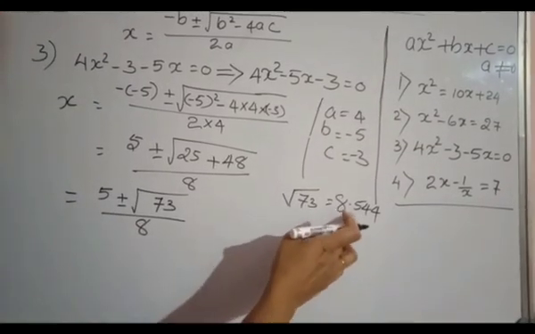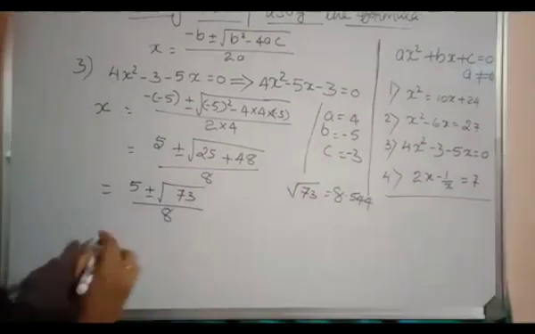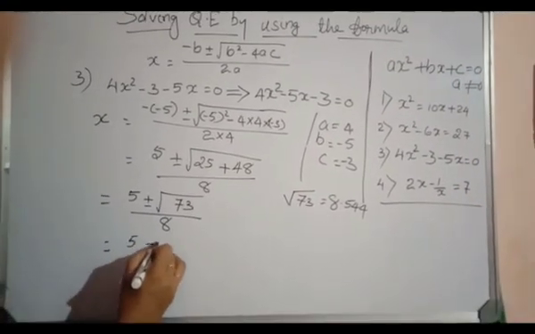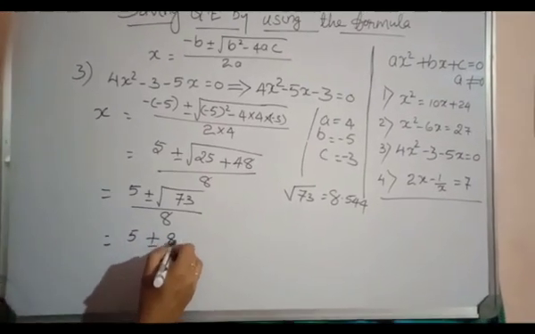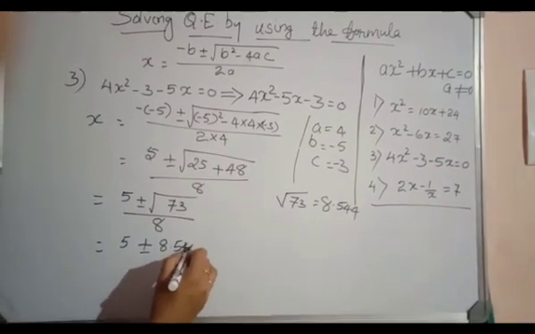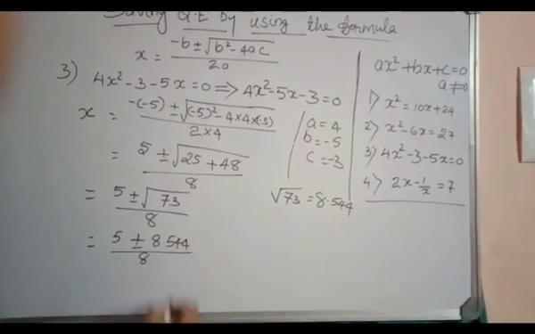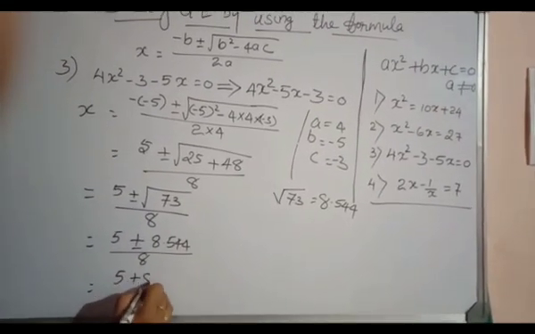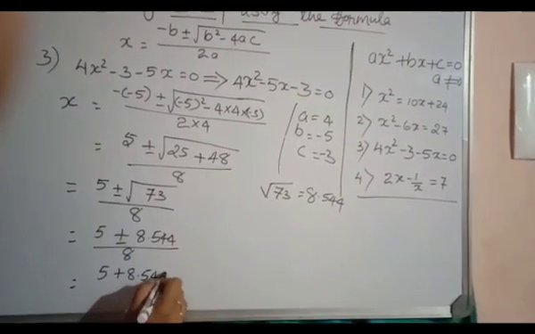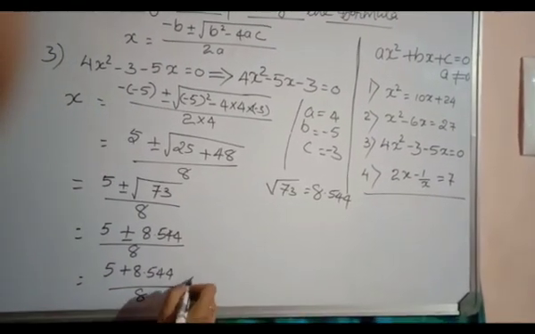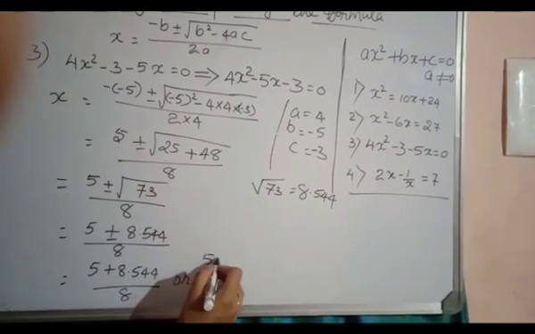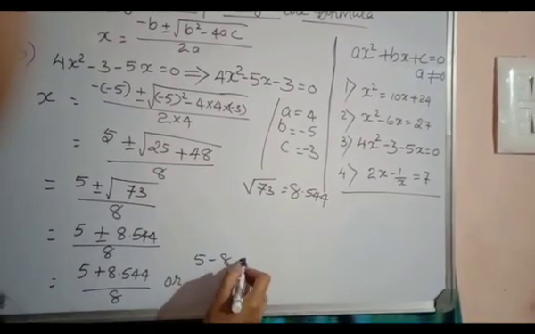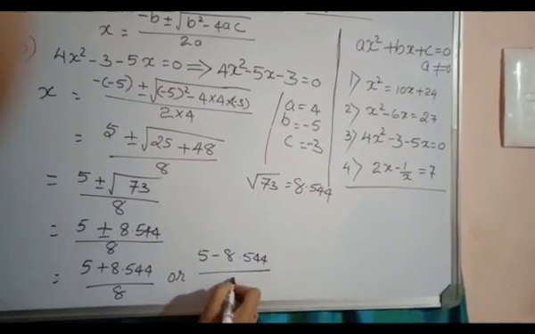Now substitute this value in this expression. You will get 5 plus or minus 8.544 divided by 8. That's equal to 5 plus 8.544 divided by 8 or 5 minus 8.544 divided by 8.